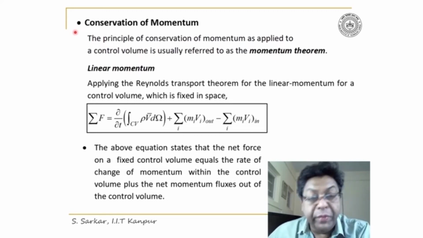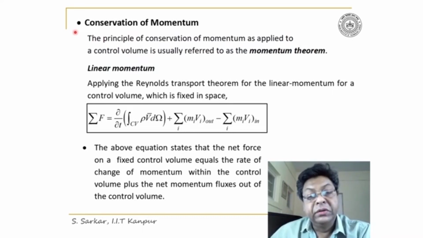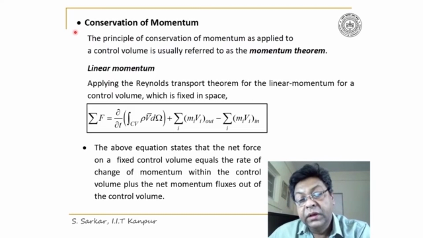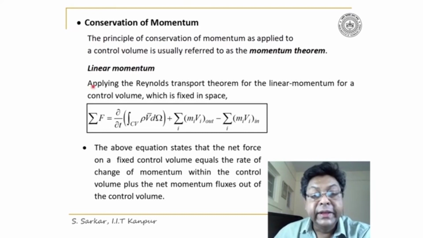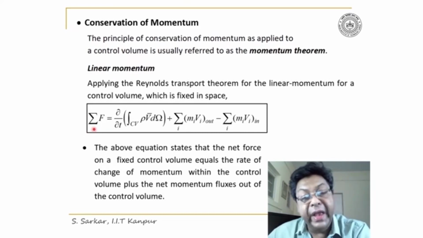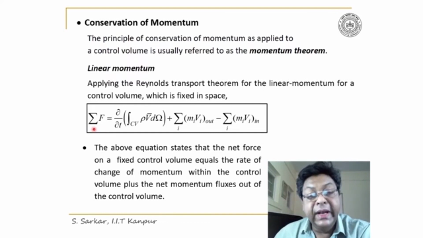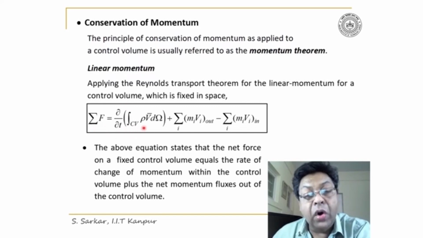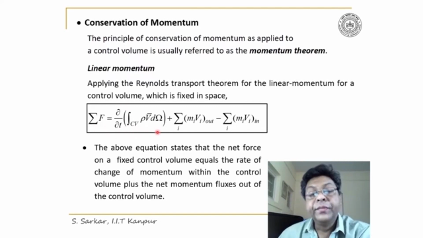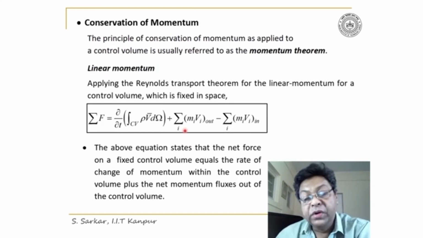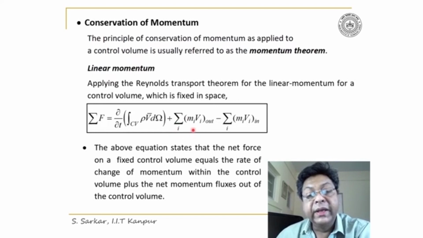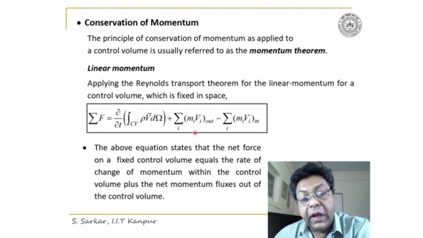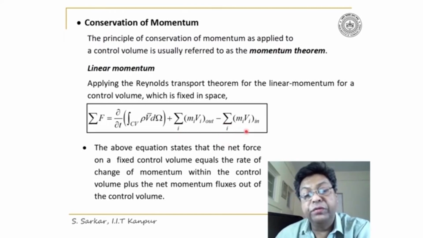With respect to the linear momentum, applying the Reynolds transport theorem to a control volume which is fixed in space, I can write that force on the control volume sigma F is equal to del/del t of volume integral of rho v d omega plus surface integral of momentum flux out of the control volume, which can be written as sigma m_i v_i out minus sigma m_i v_i in.